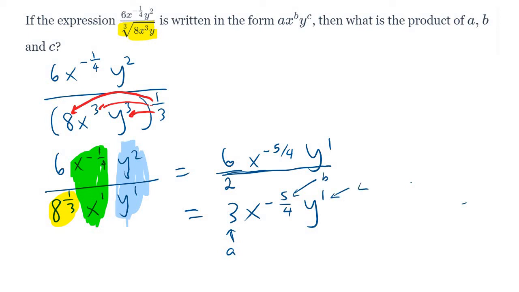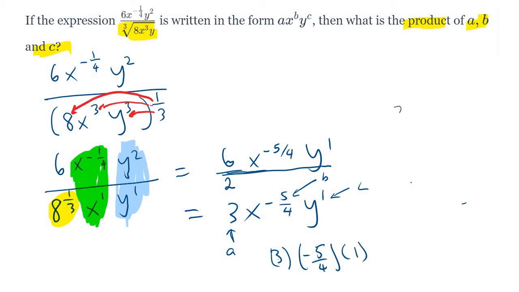So we're going to multiply all those together because it says find the product of a, b, and c. So let's find the product. That will be 3 times negative 5/4 times 1.